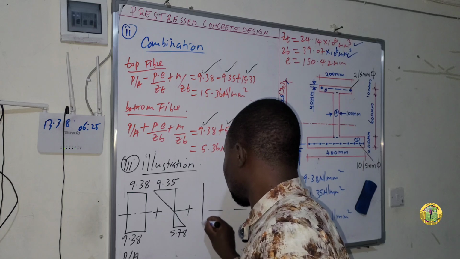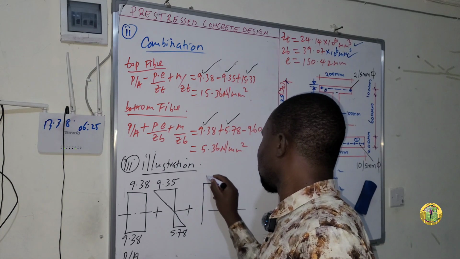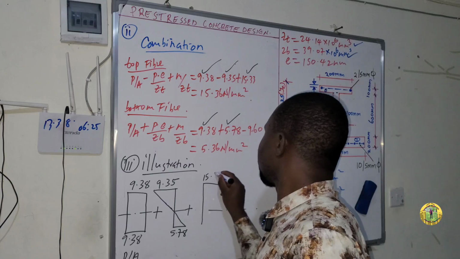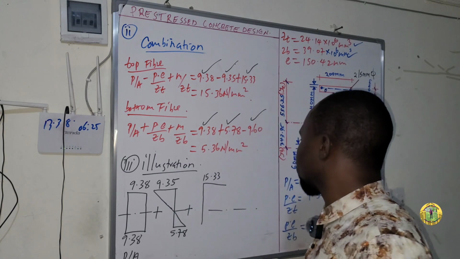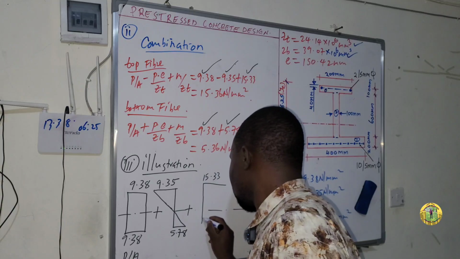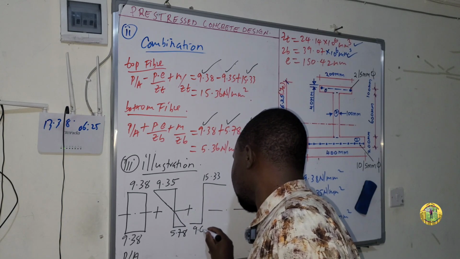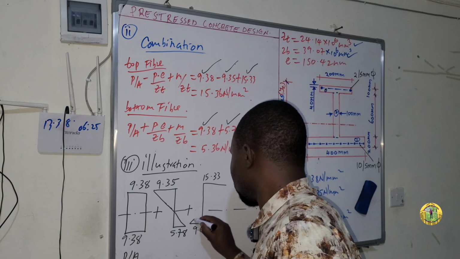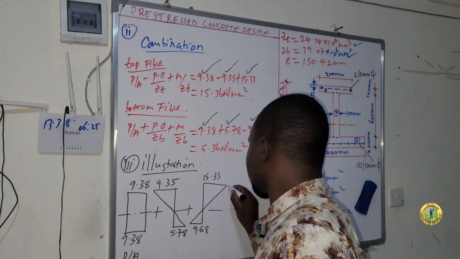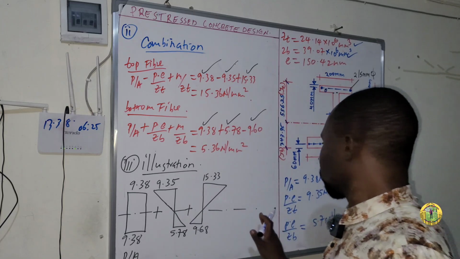So this is 15.33, and then the bottom is 9.60, and then we join the two like that.